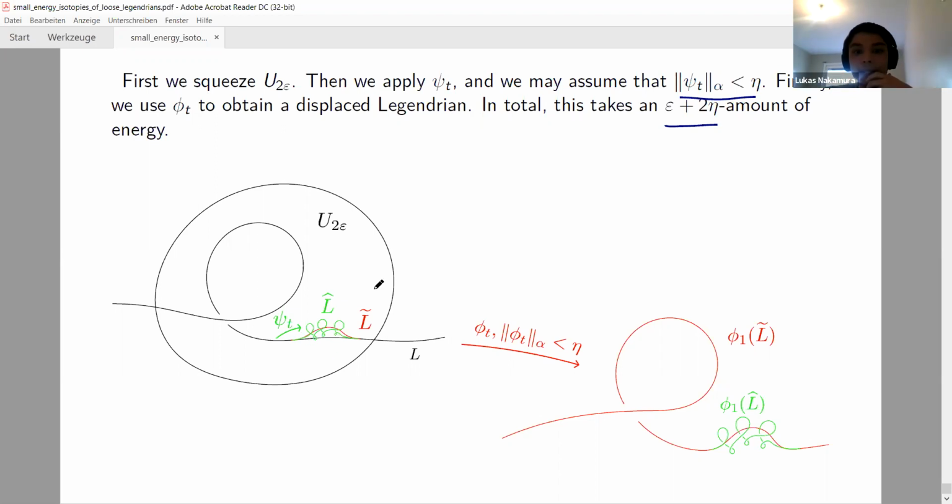So here we only considered isotopies which displace L, but you can do more general things. Namely, assume you now have two Legendrians, let's say L1 and L2, and you have an isotopy between those. Both of these Legendrians have some loose chart, which is contained in a ball of height, let's say, 2 epsilon 1 and 2 epsilon 2.